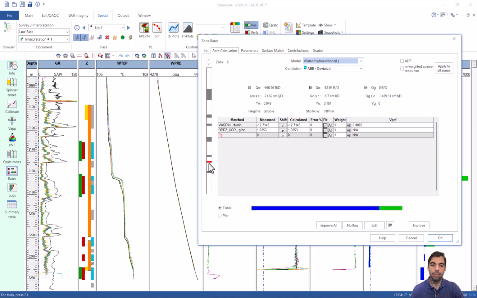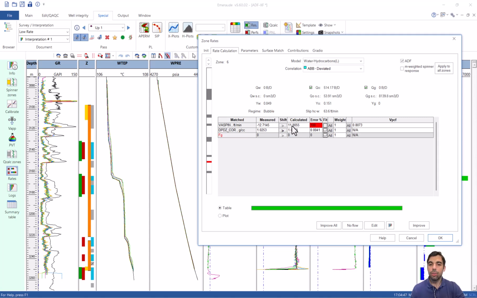Okay, we come here, we see the negative velocity, and this negative velocity, we know that this is due to the water going down as the oil is flowing on the high side of the cross section. So we are going to tick this ADF, apparent downflow box. Okay, can you see now that the measured velocity remains negative, but the calculated becomes positive, right?